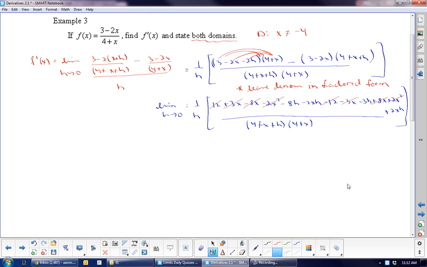Okay, I got negative 8h and a negative 3h. Right, yes, good. My negative 2. Okay, so is that negative 3h or negative 2h? But I got a different total when I did mine.